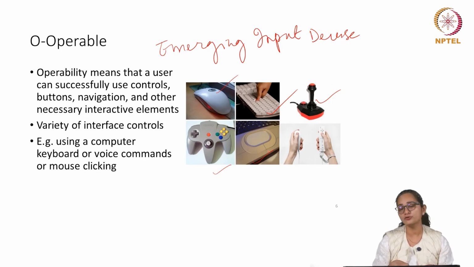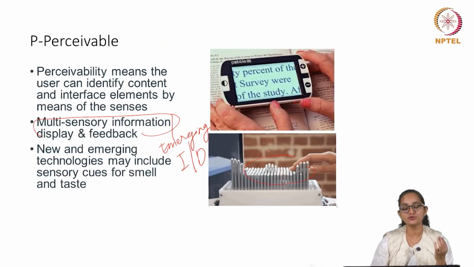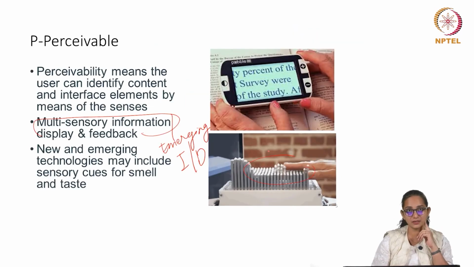If you think about it, all of this is very much entangled and interrelated with each other. An affordance, for example, directly links to the perceivability of the interface.